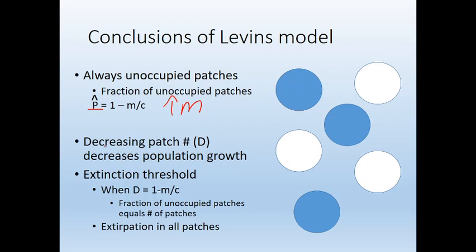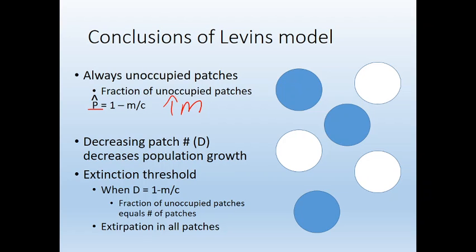And what happens then is, okay, so we know that you'll always have at least some amount of empty patches. When you then start getting rid of patches through habitat destruction, that decreases population growth over time.